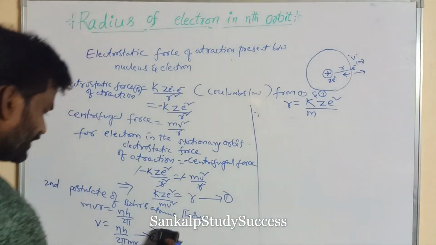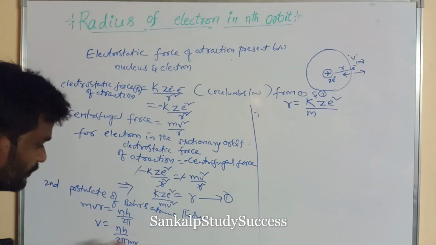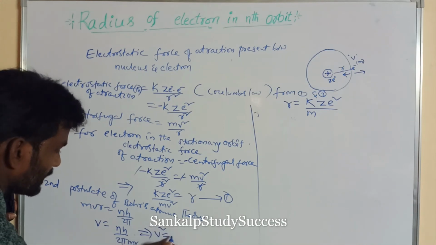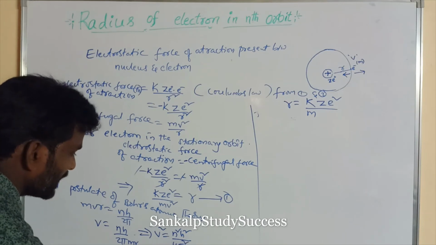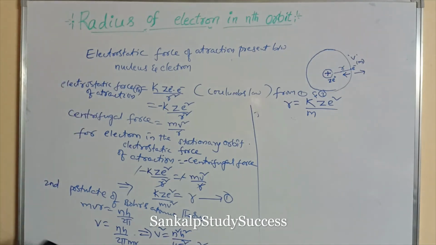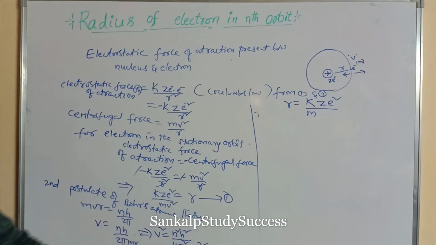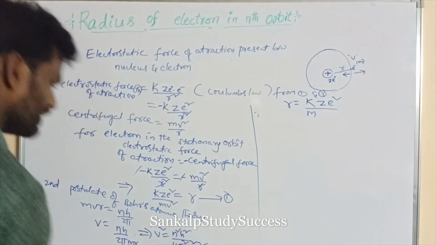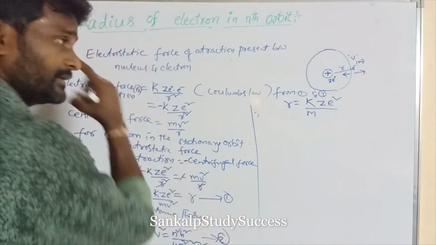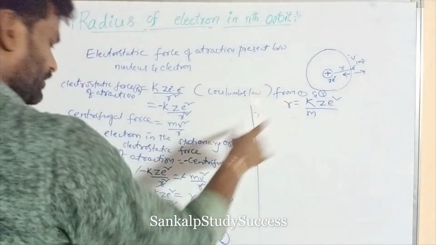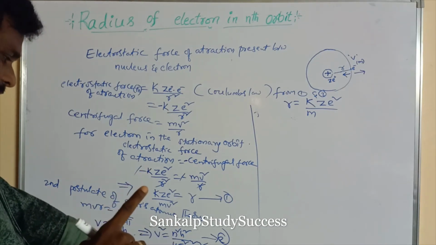Here v is equal to nh by 2 pi mr, so v square is equal to n square h square by 4 pi square m square r square.